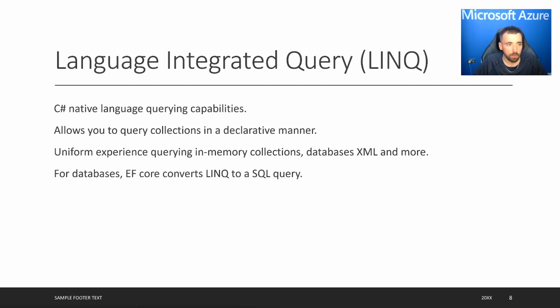What EF Core does is convert the LINQ query into a raw SQL query, so we don't need to work with the raw SQL query. This is all handled by Entity Framework Core for us. But LINQ is also used to query in-memory collections, XML and more. So it's a uniform experience querying various different things, but one of them is the database.